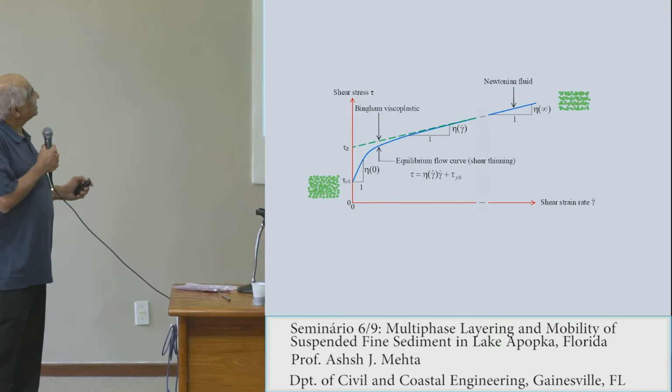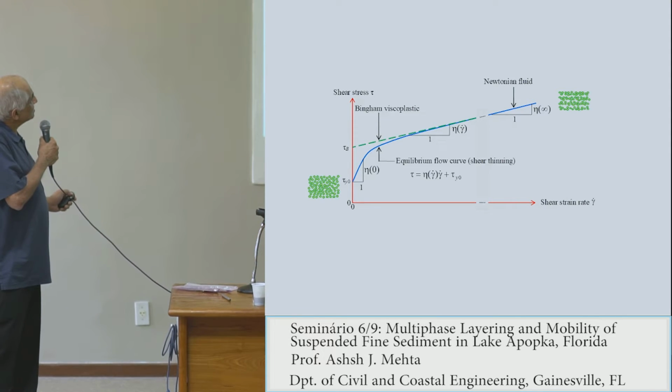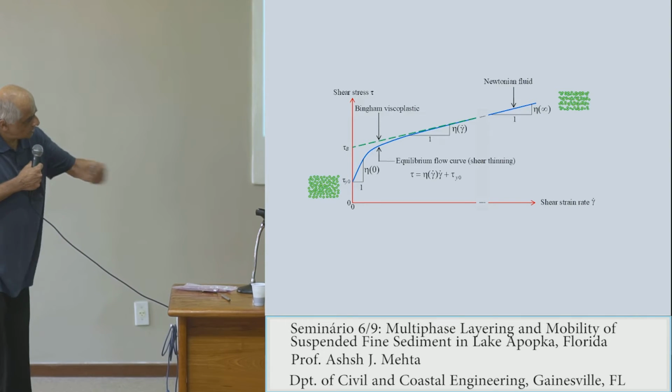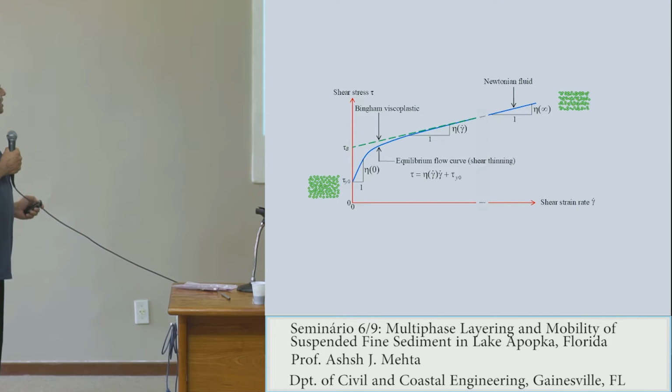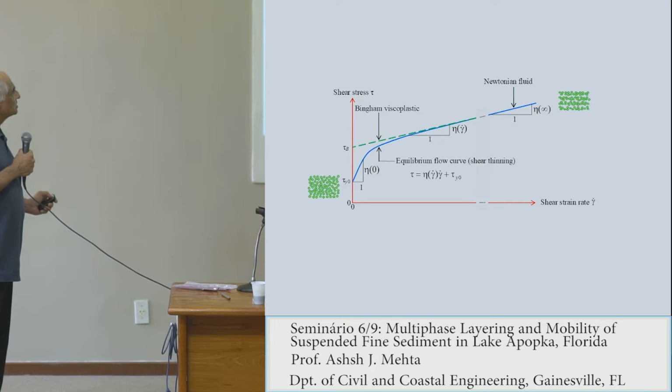However, if you look at lakes in Florida, most of the action takes place when the shear strain rate is in this region here. A slight change in the shear strain rate changes the viscosity, and that changes the rate at which the fluid mud accumulates in the hole. So we should be able to model this somehow and not have to use this very simple model, which assumes a very different rheology than this one.